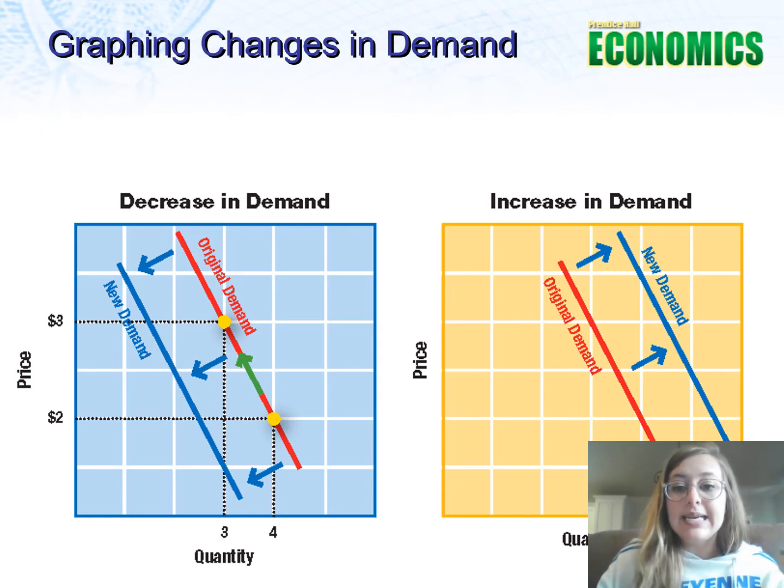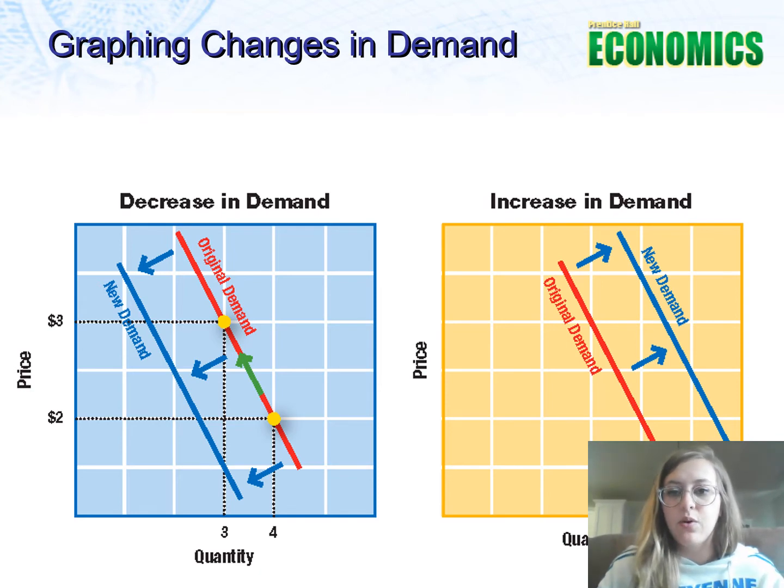So, a decrease in demand is always going to be shown as a leftward shift in the demand curve. An increase in demand is always going to be shown as a rightward shift in the demand curve. So with a decrease at every price point, people are buying less than they had before. An increase at every price point, people are buying more than they had before.